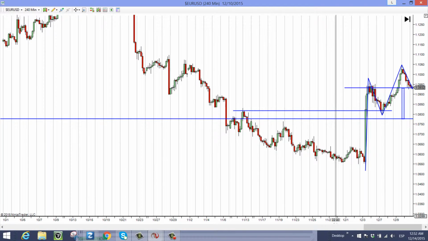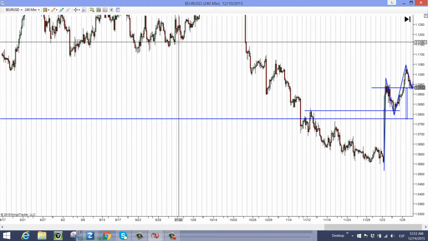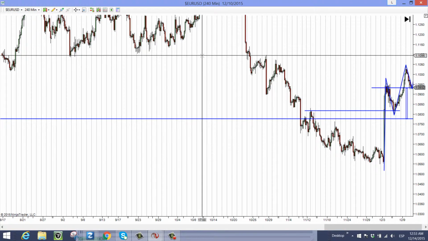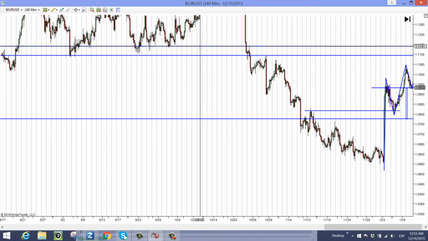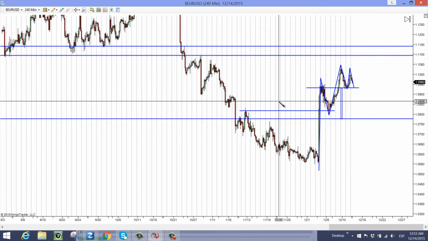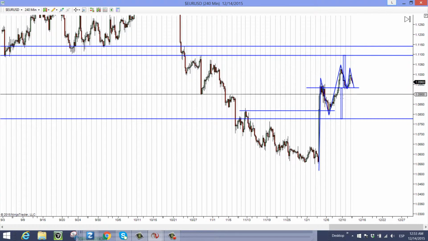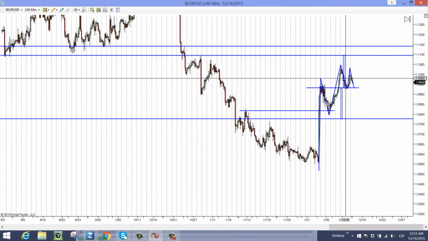looking left for a structure to consider, let's see, maybe here between this level and this level, my reward is going to be something like this, almost 1-1, a little bit more than 1-1.